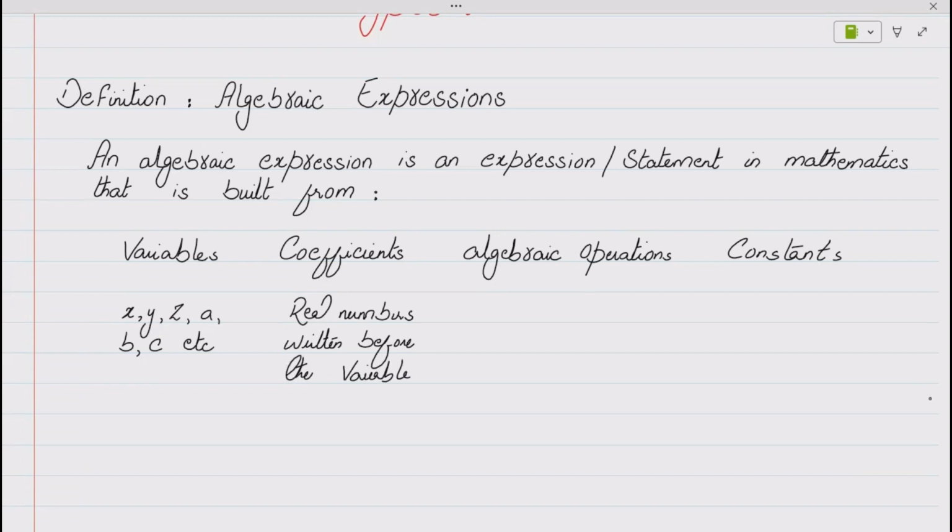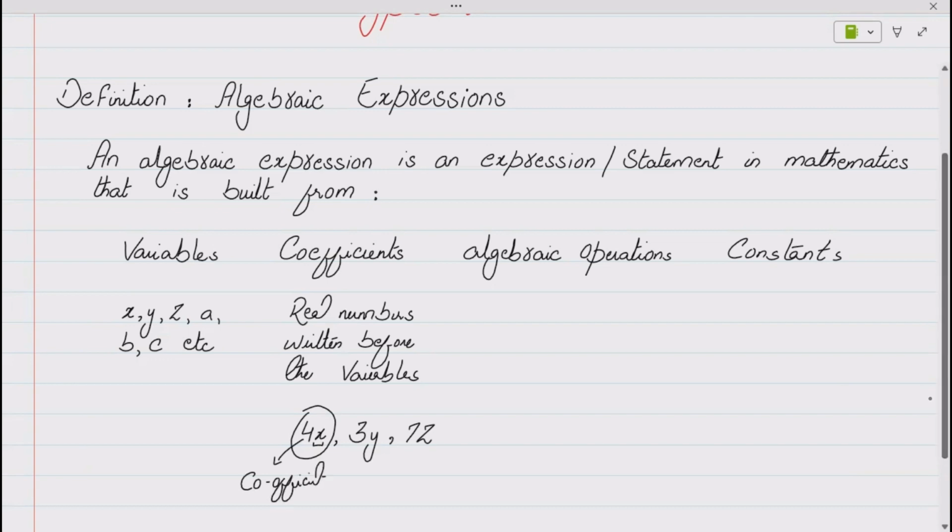So for example, 4x, 3y, 7z. So in all these three monomials, and what are monomials? Those which have only one term. So you can see this expression has only one term. In this expression, this is x, and in front of x, the number is 4. So this 4 is the coefficient of x.